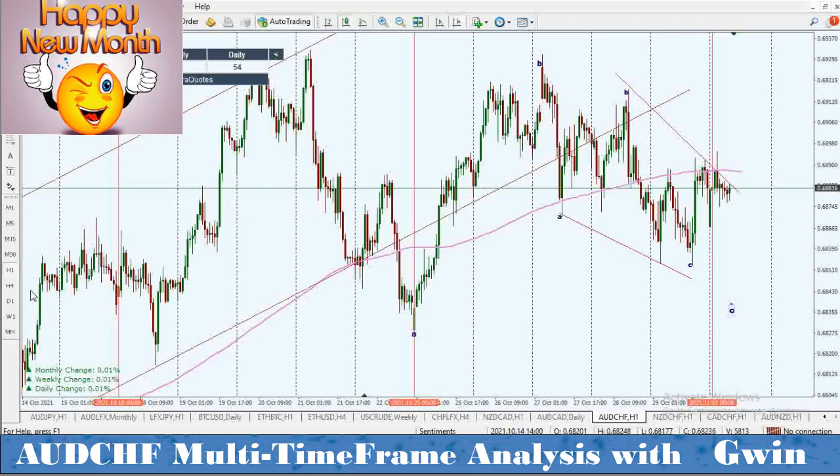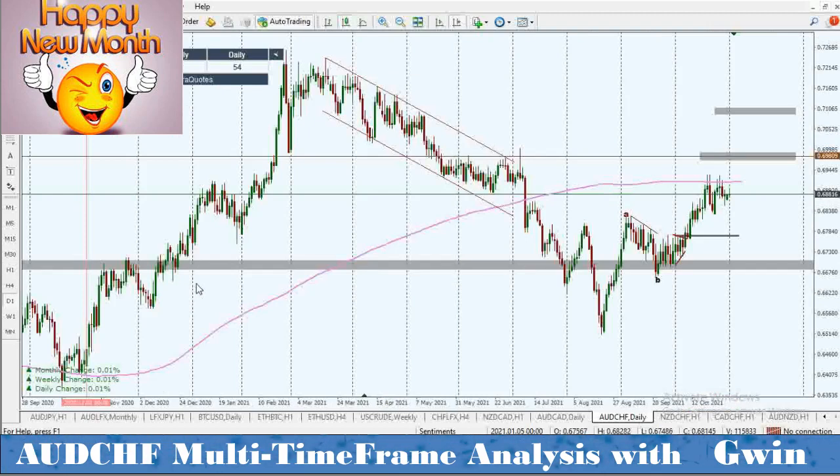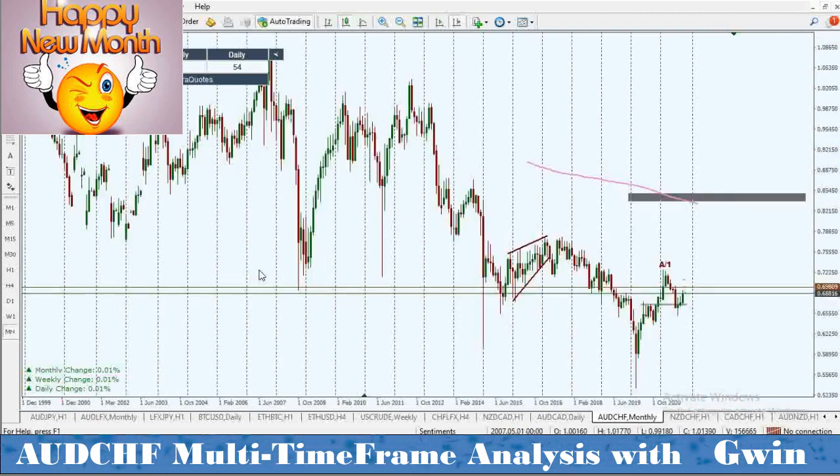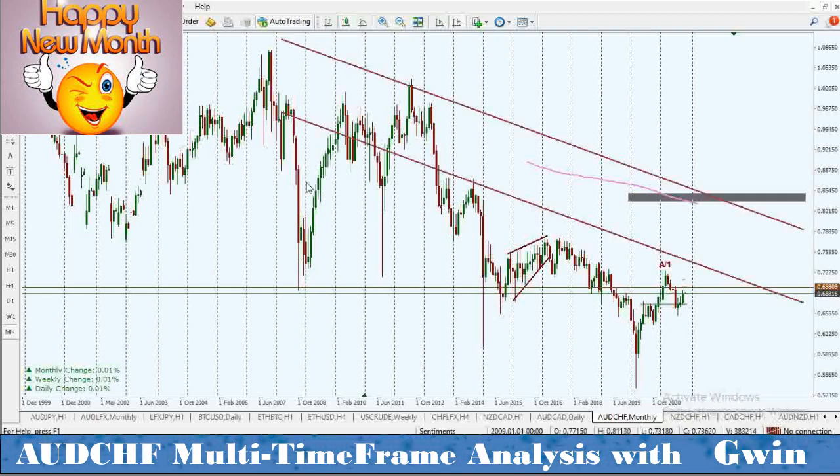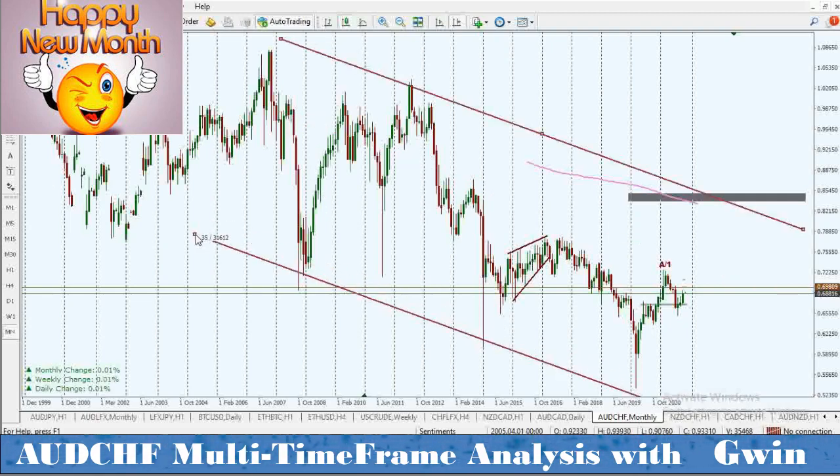For this one here, I'm going to go back to a monthly time frame, and I'm going to break it down as well for you guys to understand. For the AUD CHF, I'm looking at more of a bearish scenario, because if you look at the structures which we have now, we have more of a downward structure.